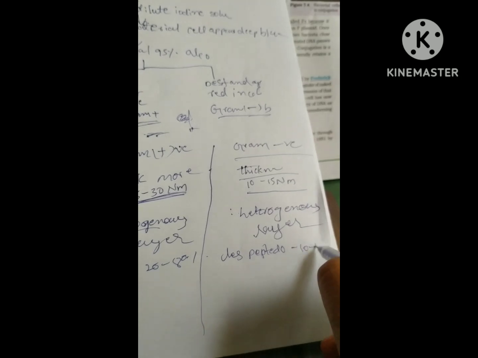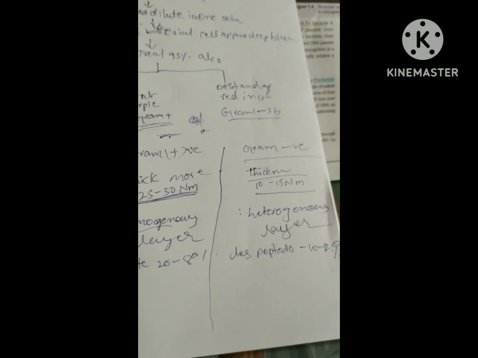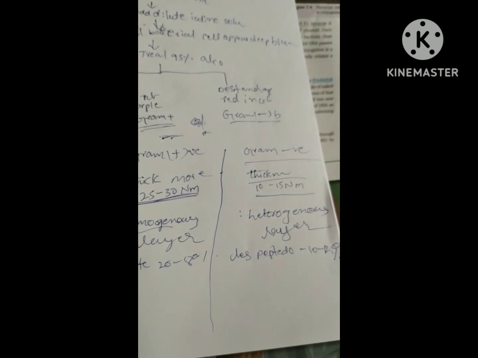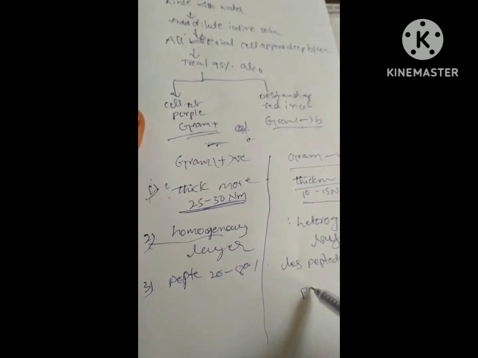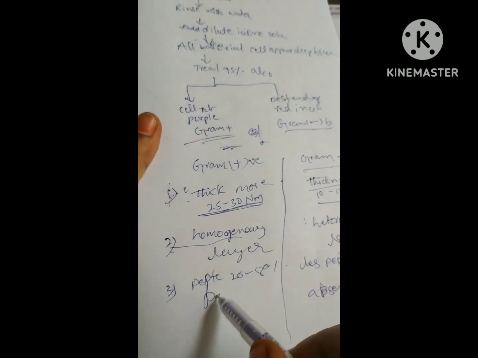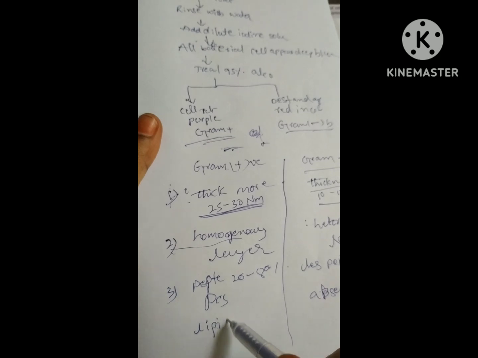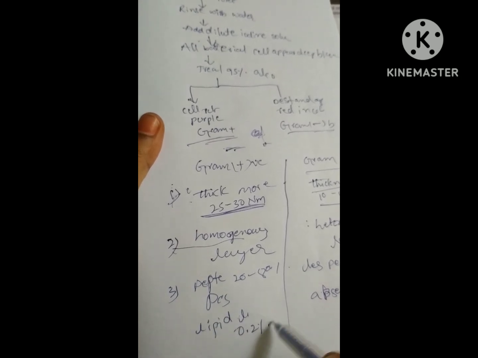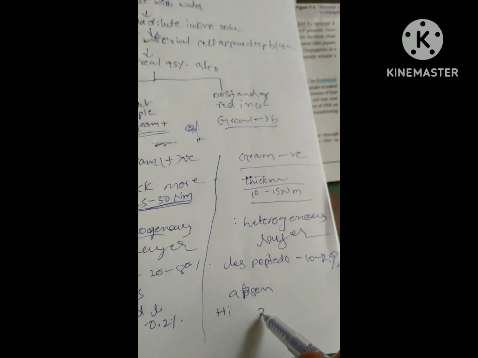Teichoic acid is absent in gram negative bacteria and present in gram positive. Lipid content is very little in gram positive, 0.2%, and high in gram negative, 20%.